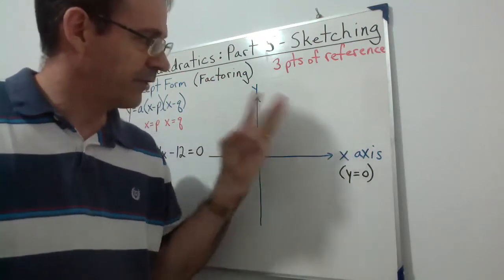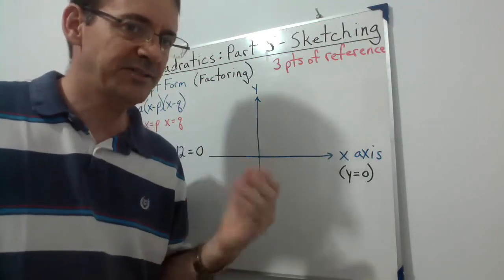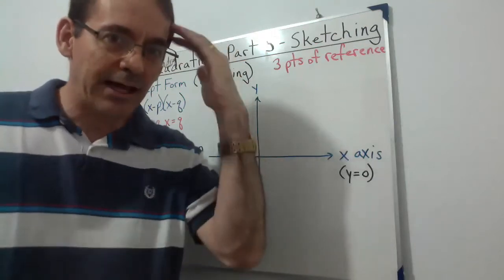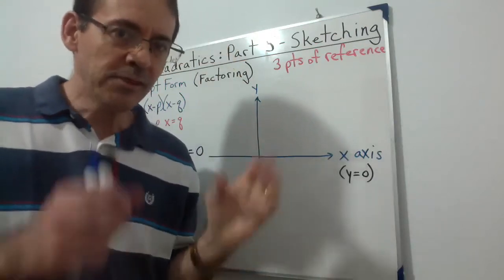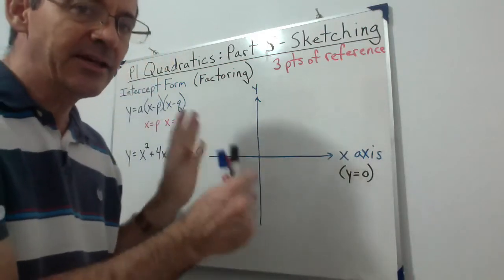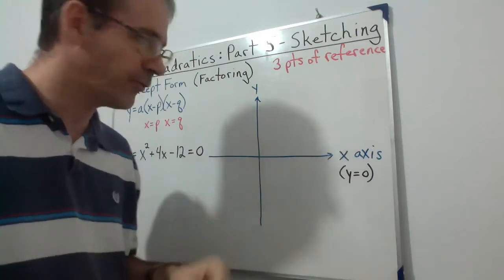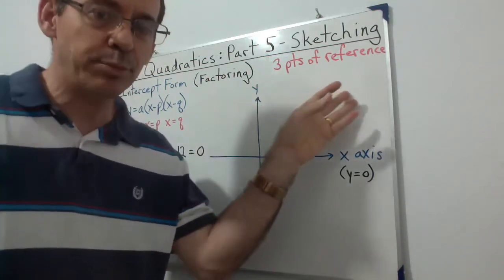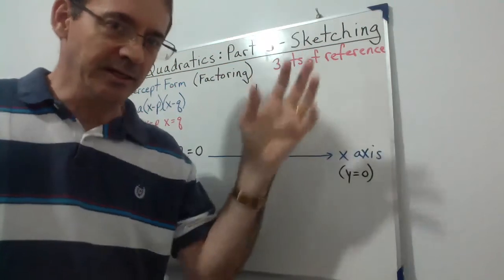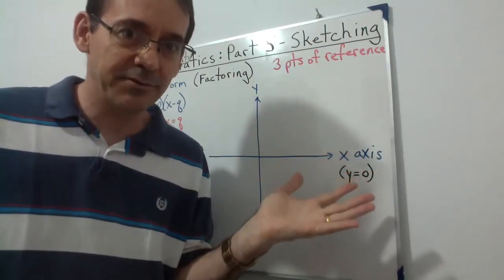The third reason why I don't want you to use that method is because it is a low-level critical thinking. It doesn't help you as a student understand graph characteristics and things that you should be looking for. You're just blindly plotting values and you don't really know why or what it gives you.